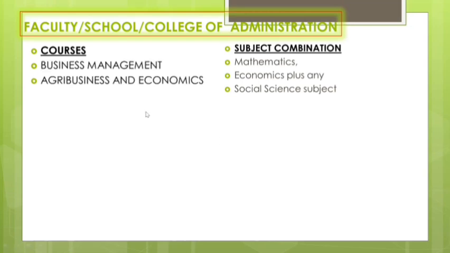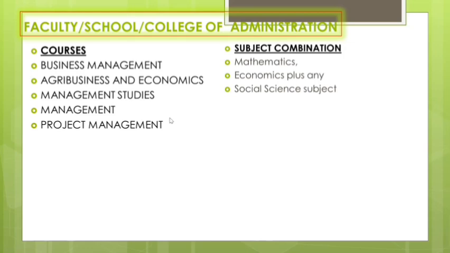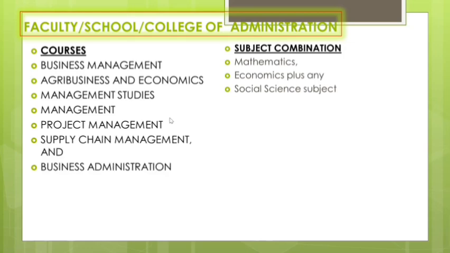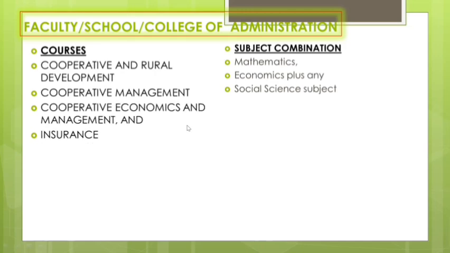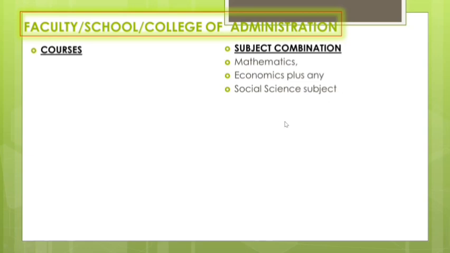For candidates applying for business management, agribusiness and economics, management studies, management, project management, supply chain management, and business administration. Your JAMB subject combination include mathematics, economics, plus any social science subject. For candidates applying for cooperative and rural development, cooperative management, cooperative economics and management, and insurance, these are your JAMB subject combination.